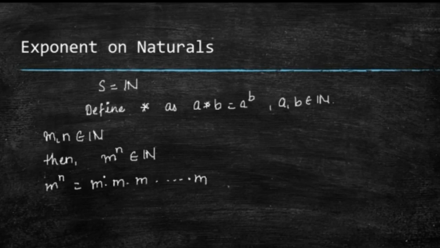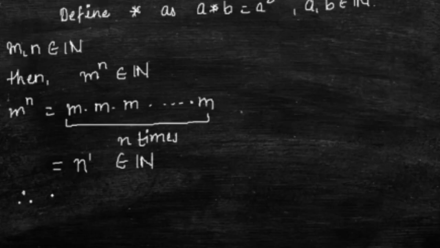So we are multiplying m n times, and when we are multiplying a natural number with itself n number of times, we will get a natural number. So ultimately we will get some number n dash, and it will belong to the set of natural numbers, and therefore the operation is binary. Therefore star is binary. So one thing is done here, that now we are sure that the operation is binary. Now we have to check whether this star is associative or not.